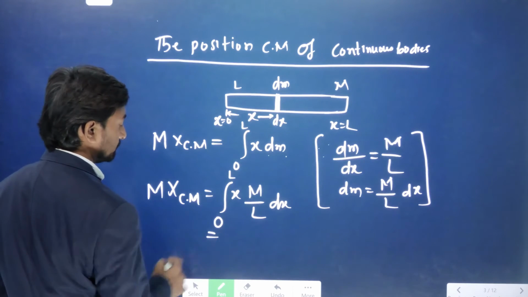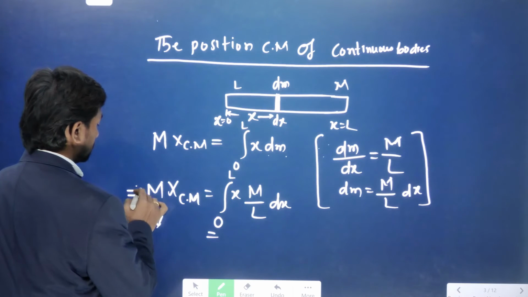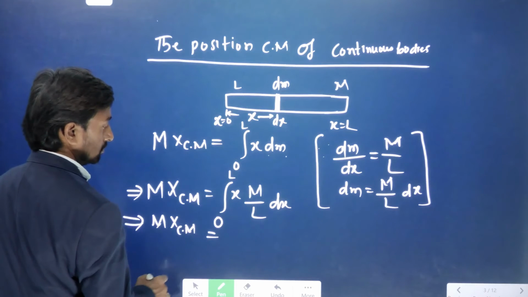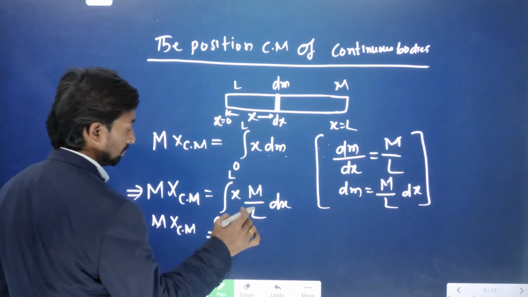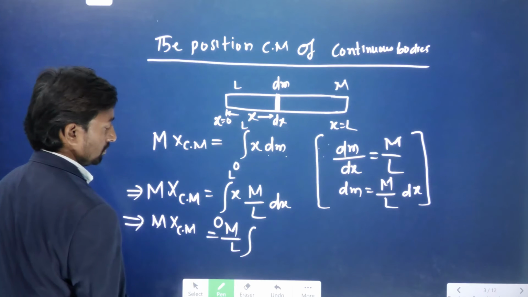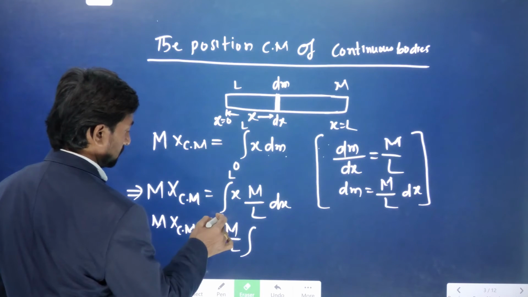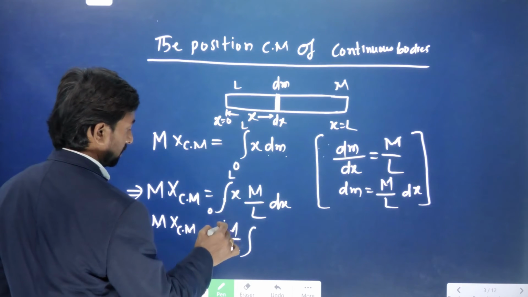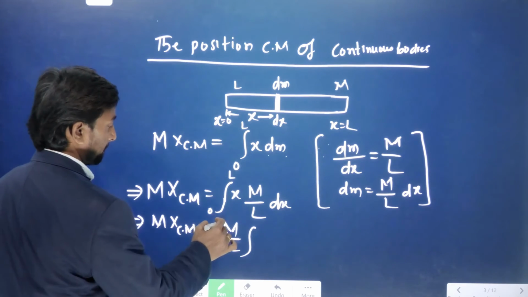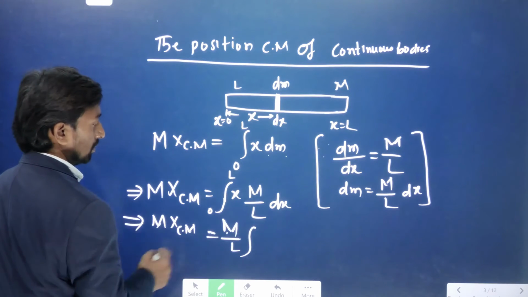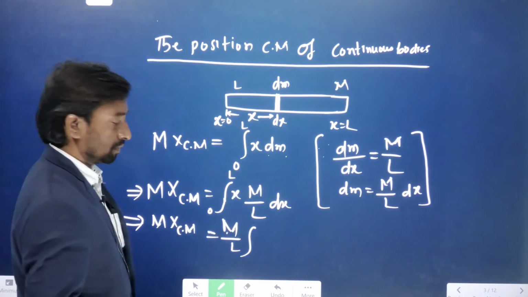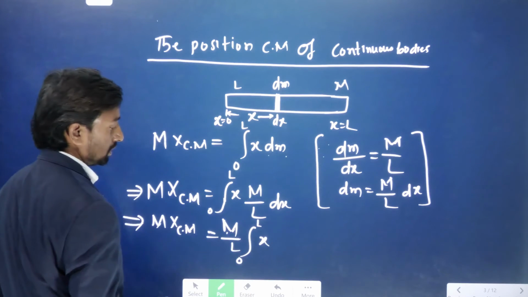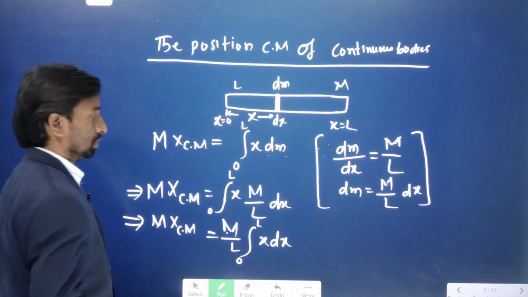So M x_cm equals M by L times the integral from 0 to L of x into dx.